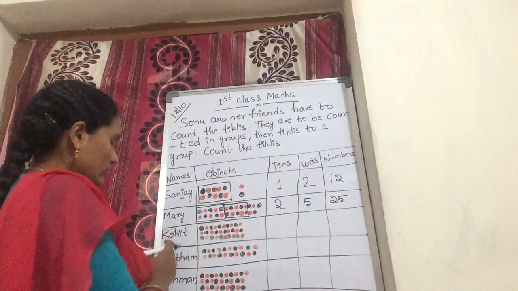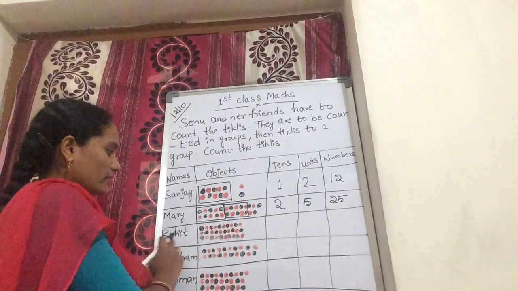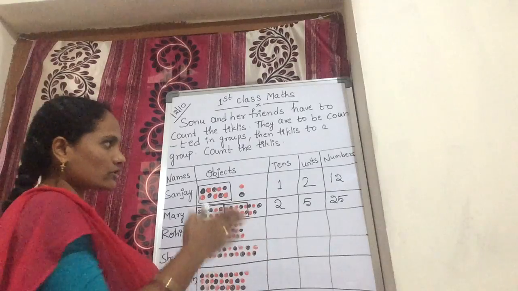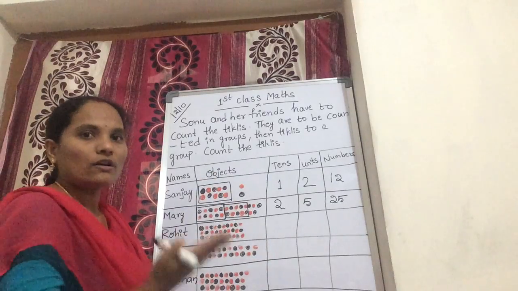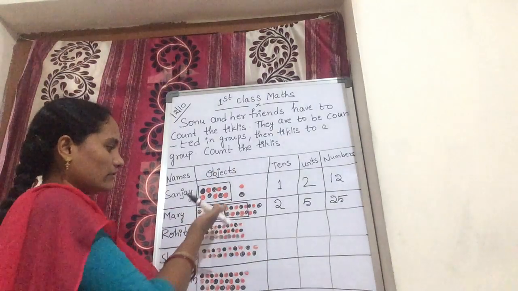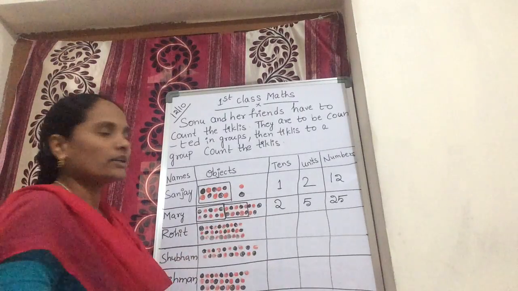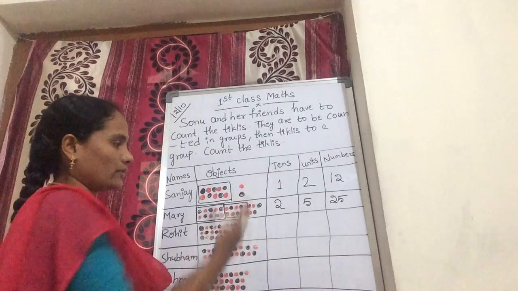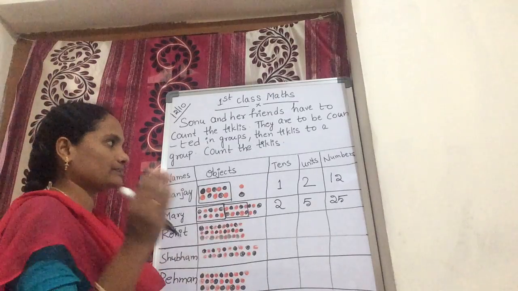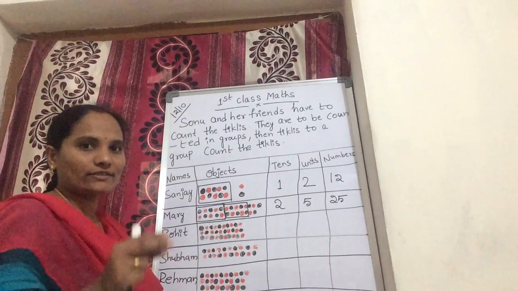Rohit. Now we count Rohit's. For Rohit, first we form 10 groups. Whatever is left over, you write as units. First we check how many tens groups are there.